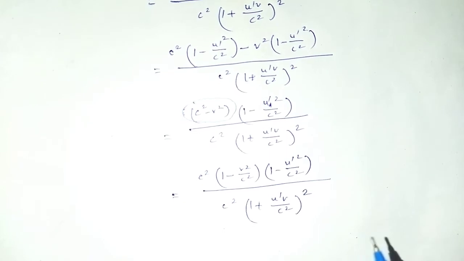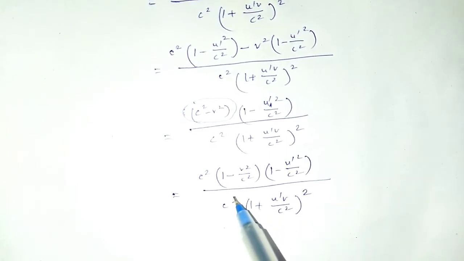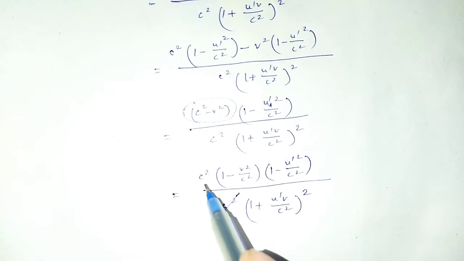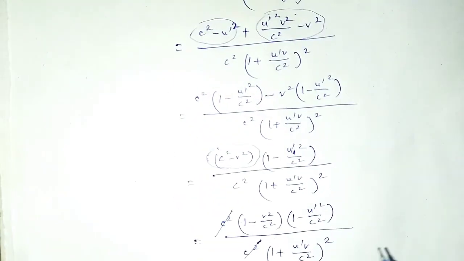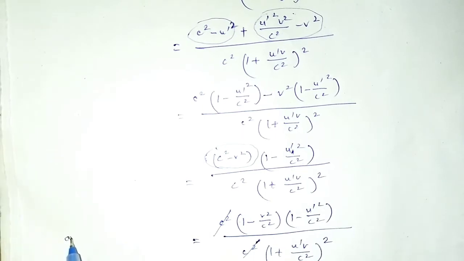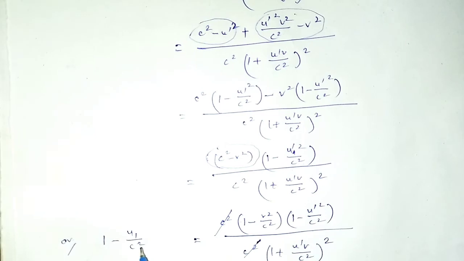Look here, c square cancels out. Here the term will be how much? 1 minus u1 by c square whole square.